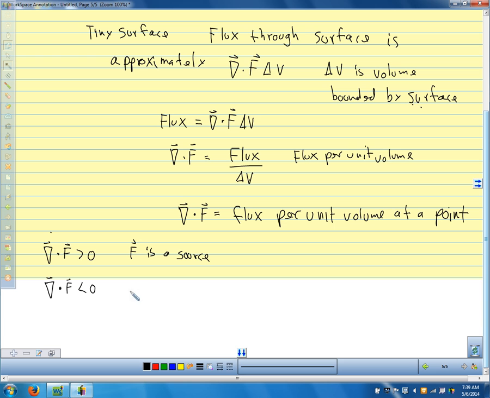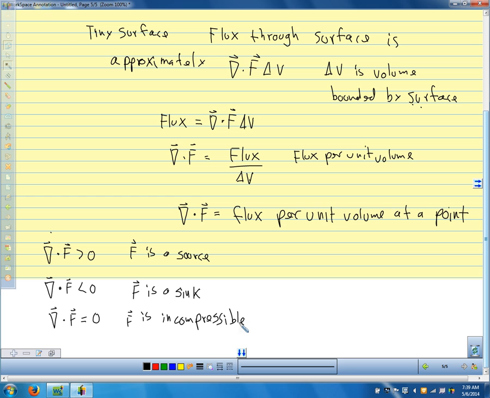If our divergence is less than 0, we call the field a sink, because the field is tending to flow inward at that point, flowing towards the point. And if our divergence is 0, we call our field incompressible, because it's not flowing inward or outward.